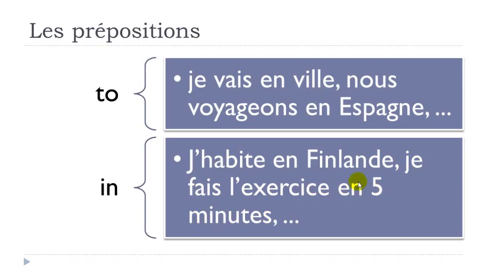It's quite important: when you use this "in", so en here, it means the time you need to do the exercise. You don't want to express that you will do that in 5 minutes, so after 5 minutes, but really, if you use this preposition en, it is to express the time that you need to do this exercise. So en Finlande, and then en 5 minutes.